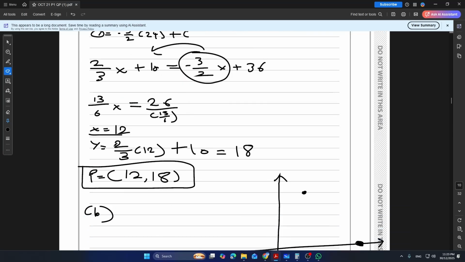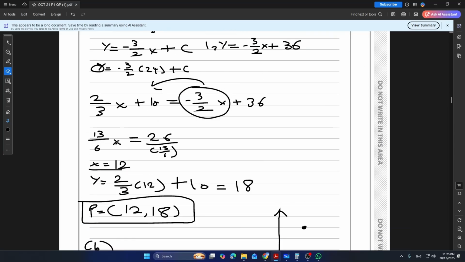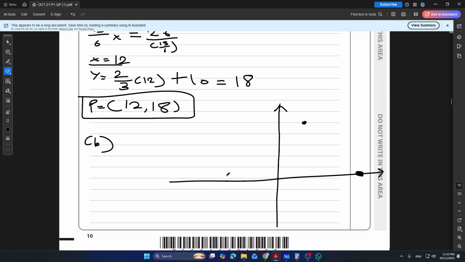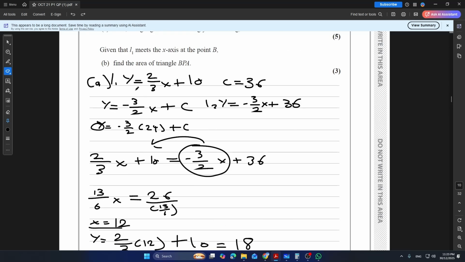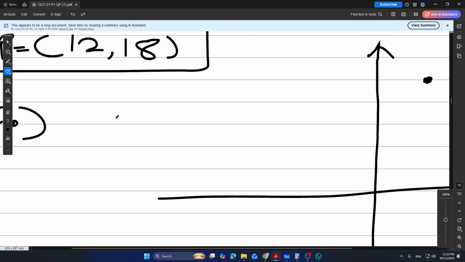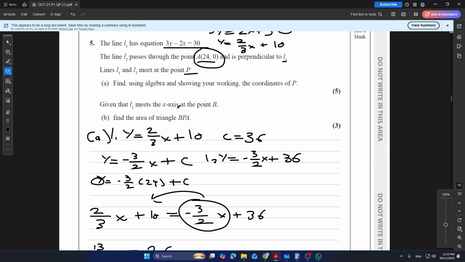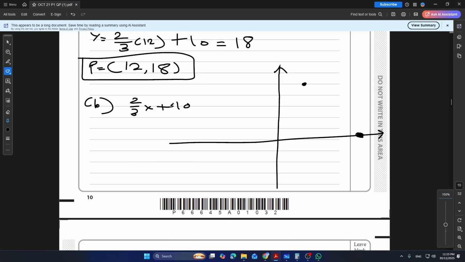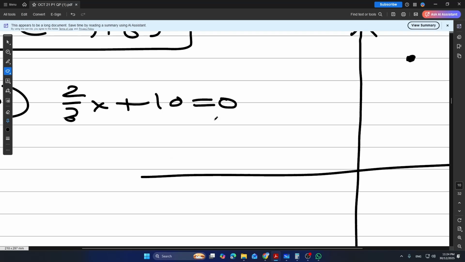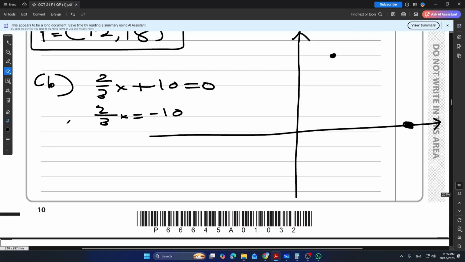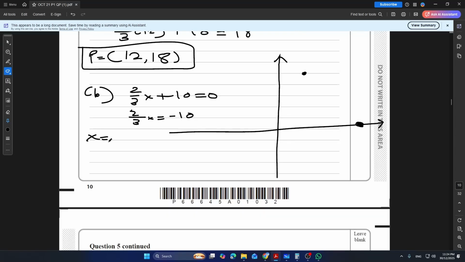Now to find where L1 meets x-axis, we need to make y equal to 0, because x-axis, y equals 0. So the L1 equation is this. So if I did 2 by 3x plus 10 then equals 0, I will take 10 to the other side, be 2 by 3x equal to minus 10, and divide both sides by 2 by 3, you will get, with the calculator, the answer of minus 15.